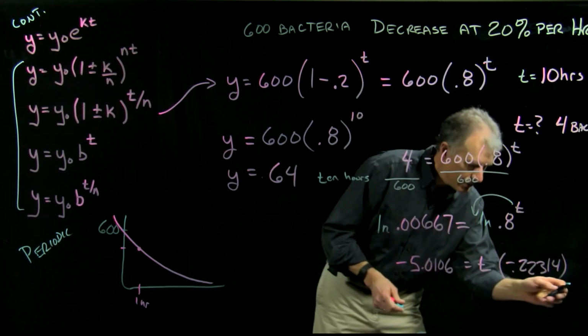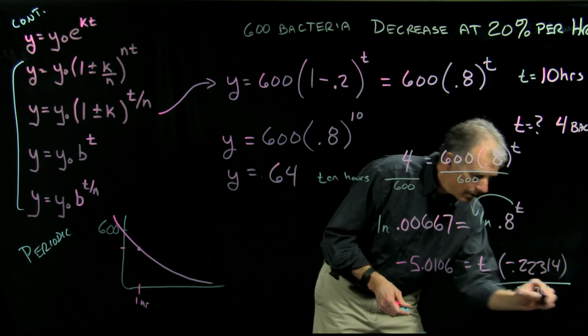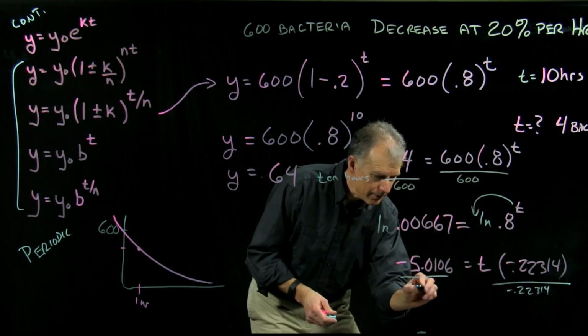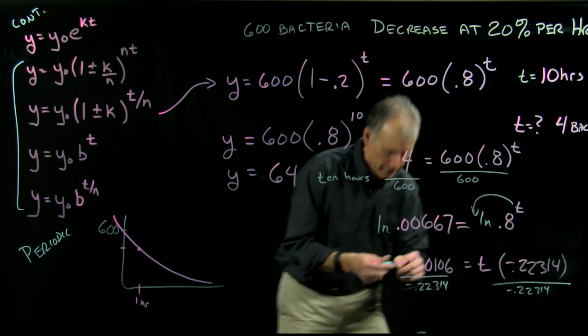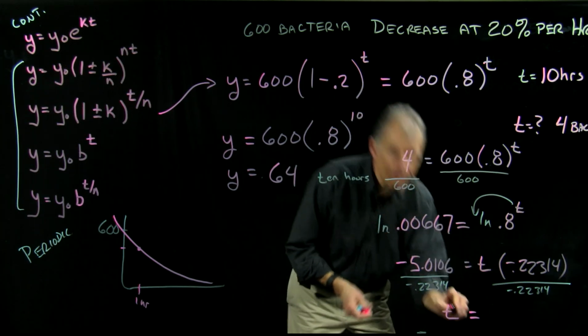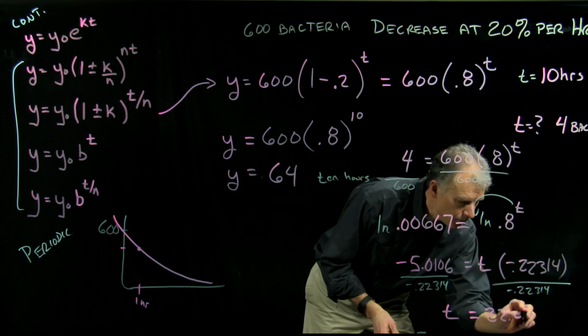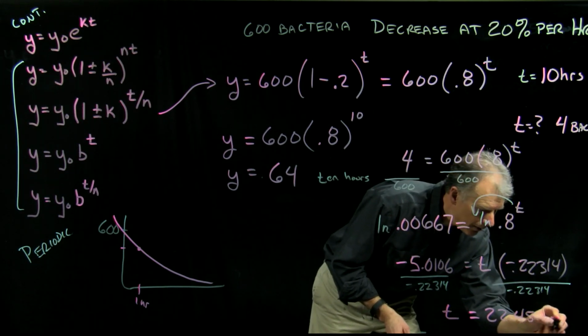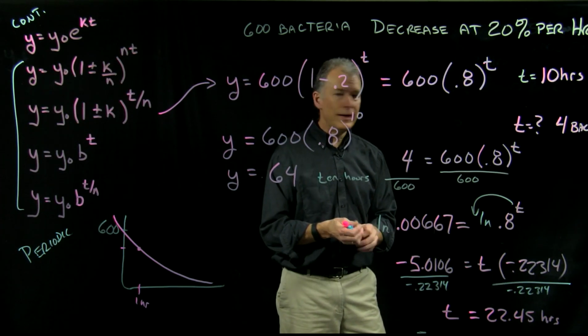And of course, I just divide by that on both sides. Divide by the negative 0.22314. And that gives us then that t is equal to 22.45 hours. You could probably even round that a little bit more. All right, hope that helps you.